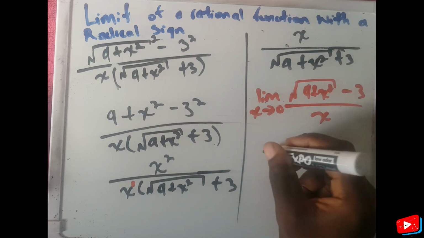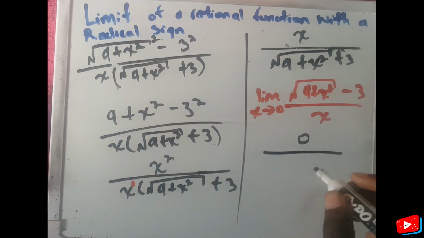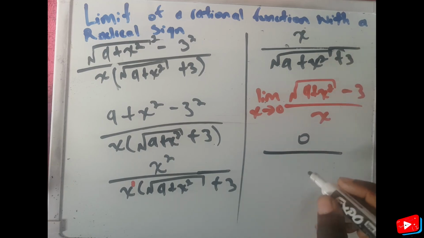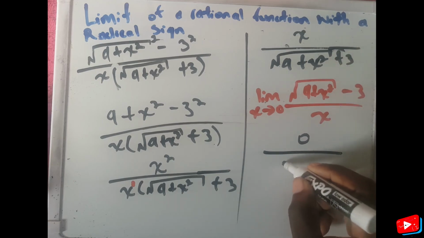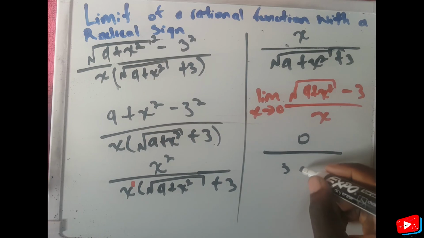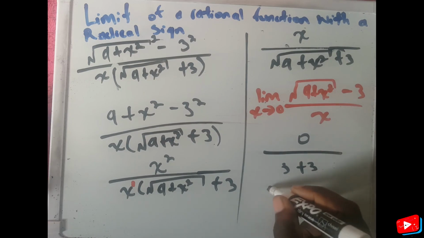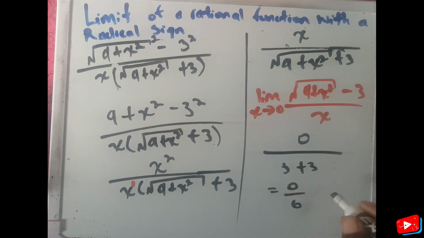So straight away the numerator will be 0, and the denominator has 3, because the square root of 9 is 3, plus 3, which would be 0 over 6. And 0 over 6 is not undefined, neither is it indeterminate. It's actually 0. If you put this in a calculator, you will get 0.